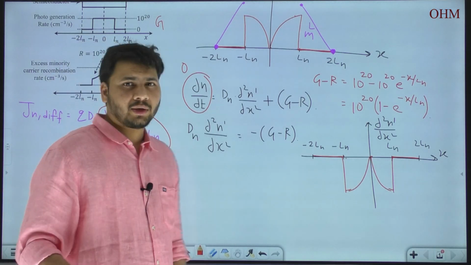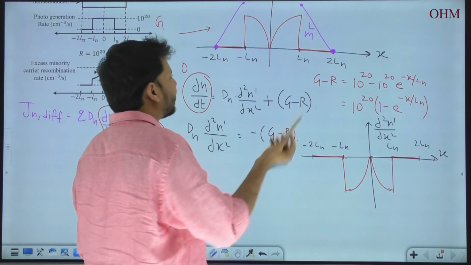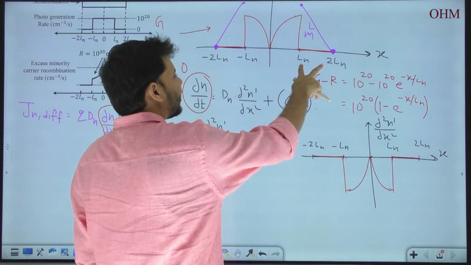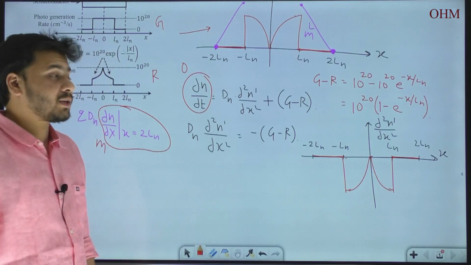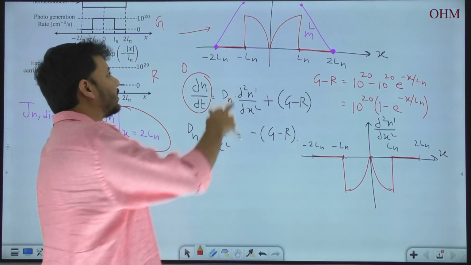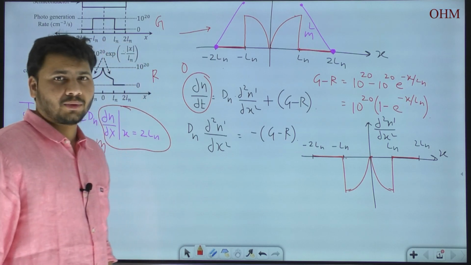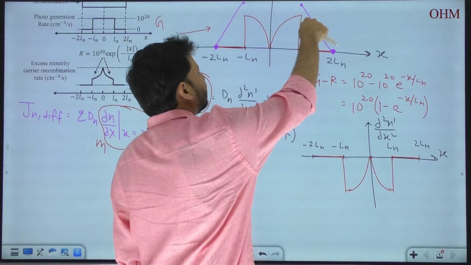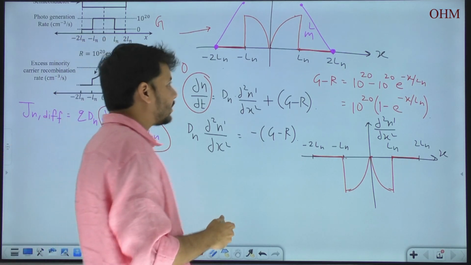But before we do the integration, let us get back to our earlier observation: between Ln and 2 Ln, the excess minority carrier concentration profile would be linear. Same for the range between minus Ln and minus 2 Ln. Now m is the slope, and this slope is constant.